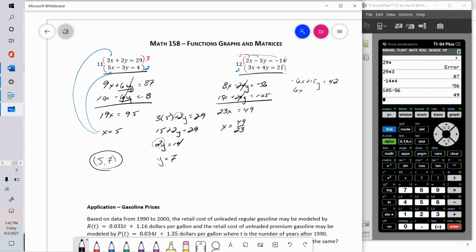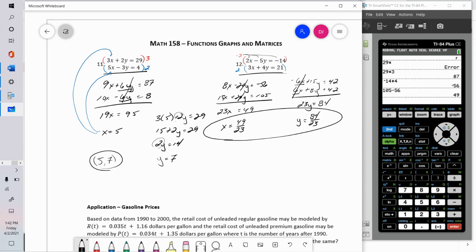Notice the x's. 2 times 4y is 8y, and 2 times 21 is 42. I have a negative 6x and a positive 6x. When I add these together, those will cancel. 15y and 8y is 23y. 42 and 42 is 84. So y is 84 over 23.